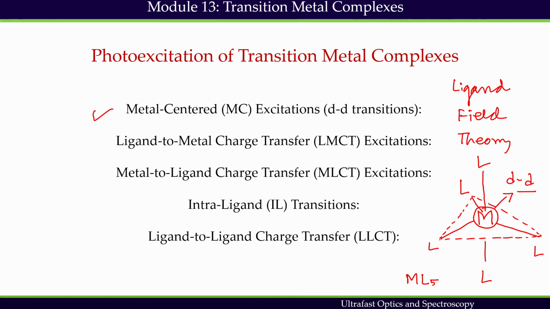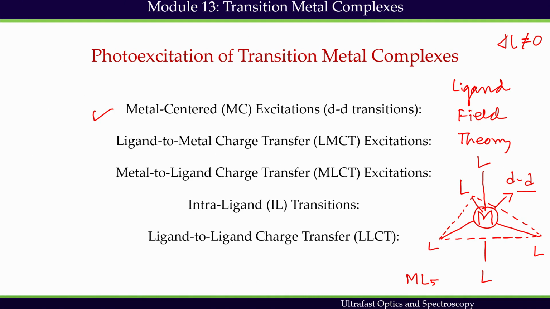The DD electronic transitions are in principle Laporte forbidden in centrosymmetric environments, because in order to have a Laporte allowed transition, I need to have delta L not equal to 0. However, they are partially allowed due to vibronic and spin orbit coupling, and thus in general they exhibit lower excitation coefficients as compared to charge transfer excitation.